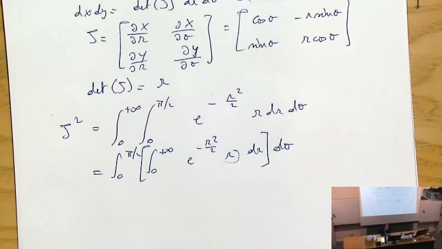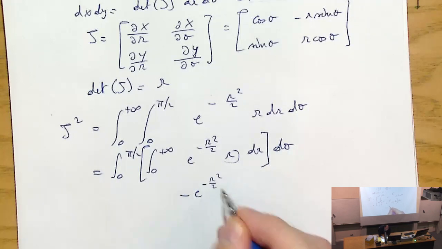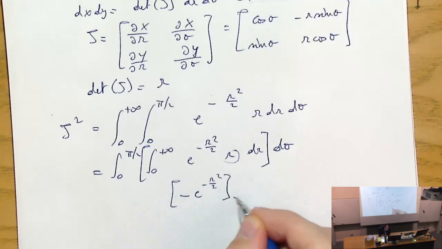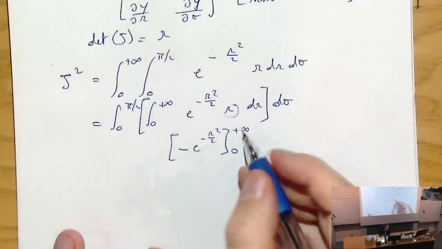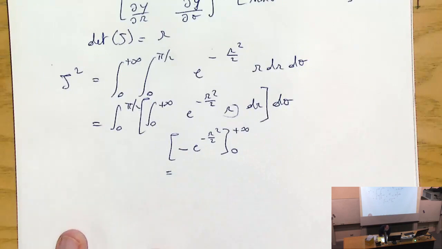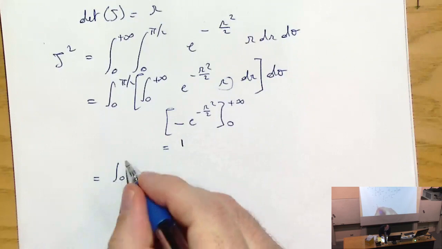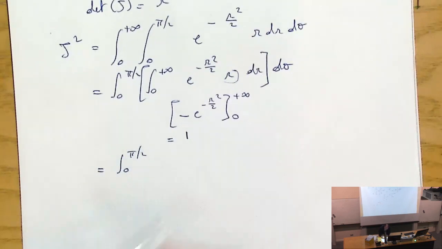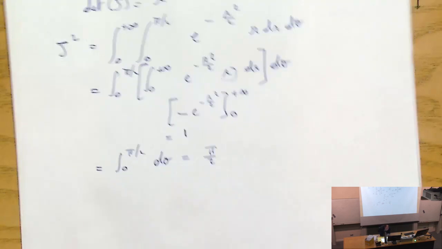So what we can do is compute this, and what we get here is minus e to the minus r squared over 2, between 0 and infinity. This quantity is essentially equal to 1. So what I'm left with is the integral from 0 to pi over 2 of d theta, and this is equal to pi over 2.